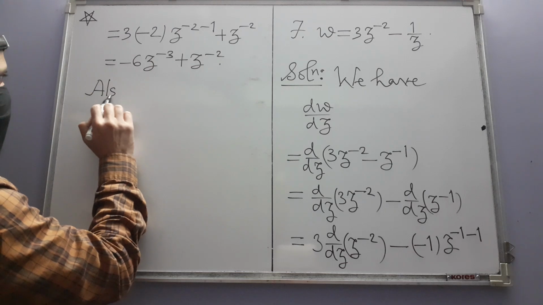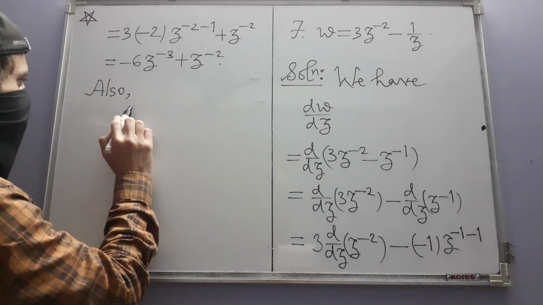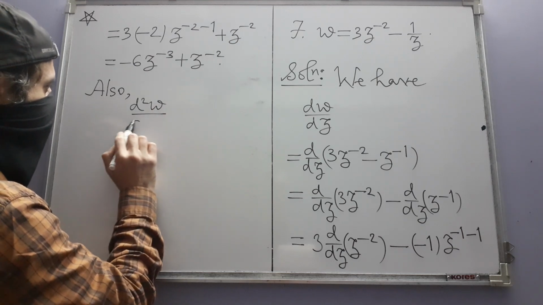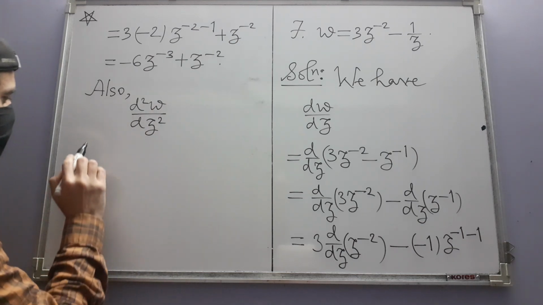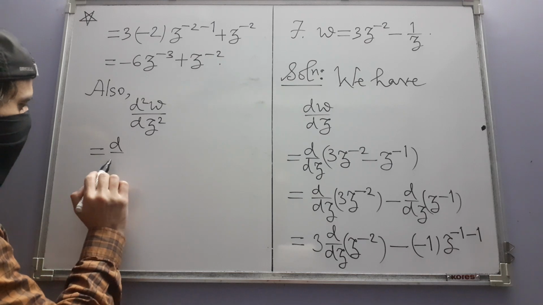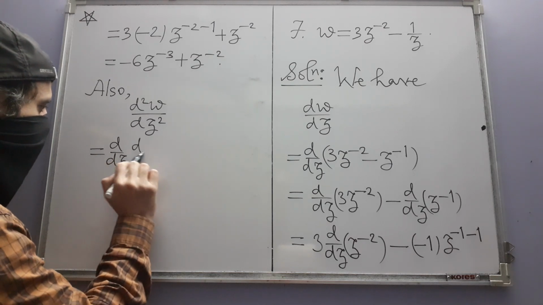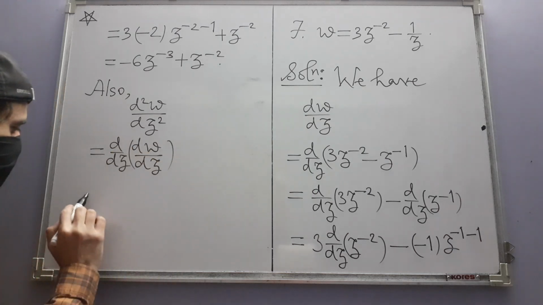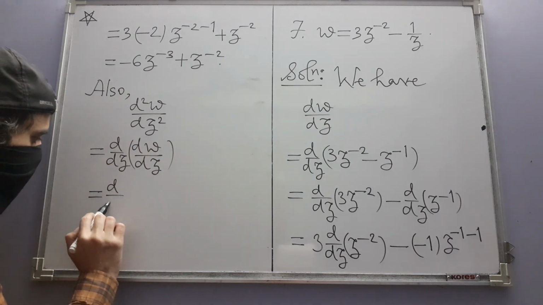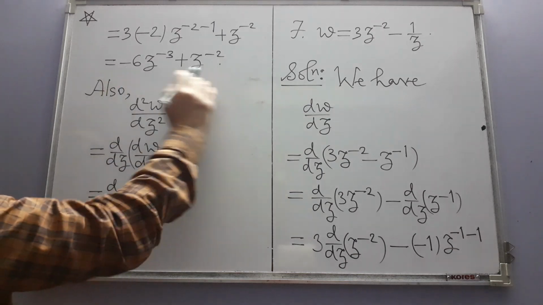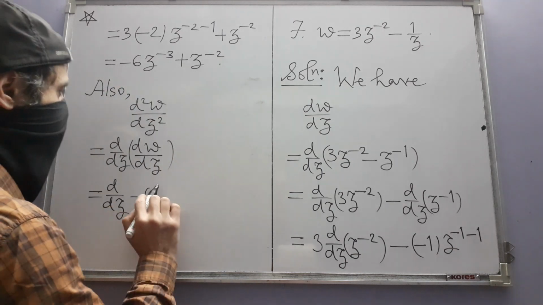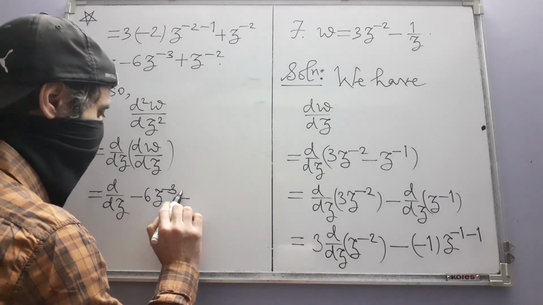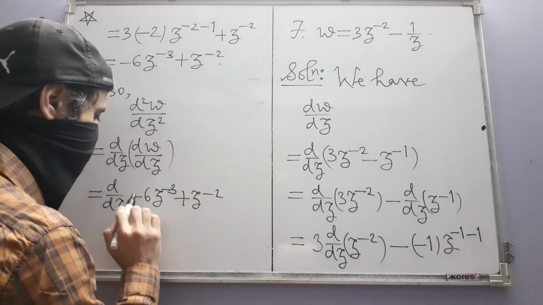Also, we have to next find the second derivative. So we have the first derivative here, minus 6 times z to the power minus 3 plus z to the power minus 2.